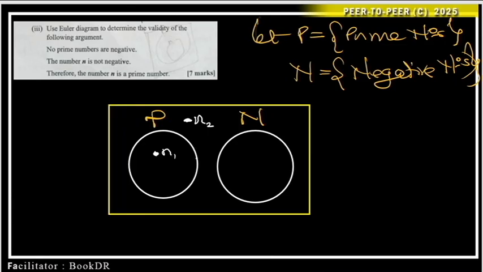The statement is valid if and only if n can be found in the circle P, position N1. But it is not valid when n is at the position N2.